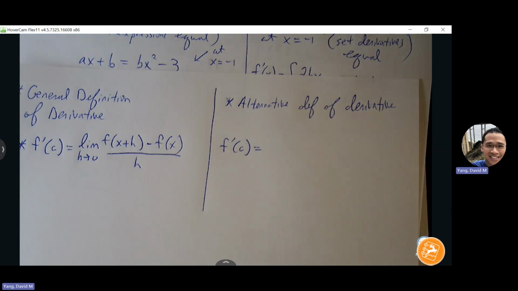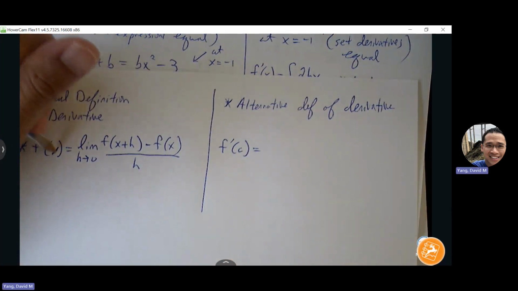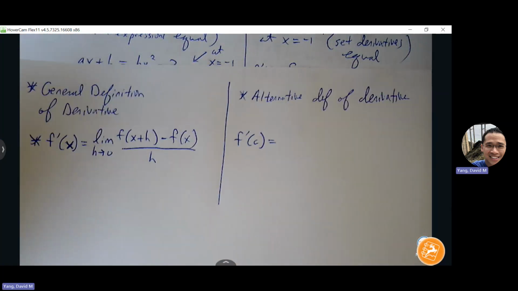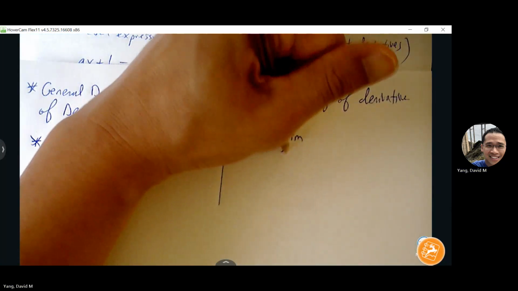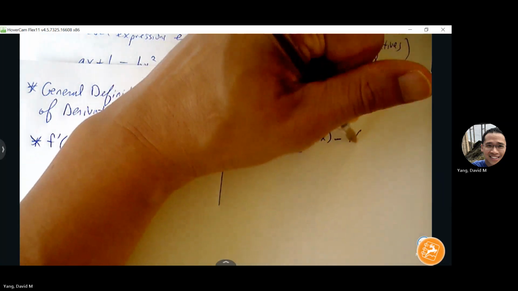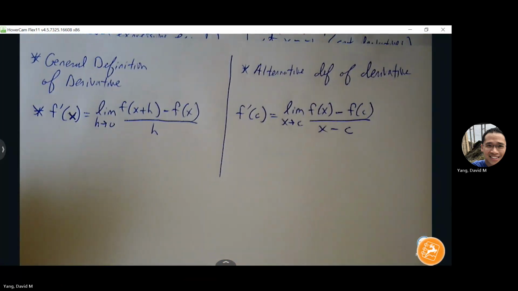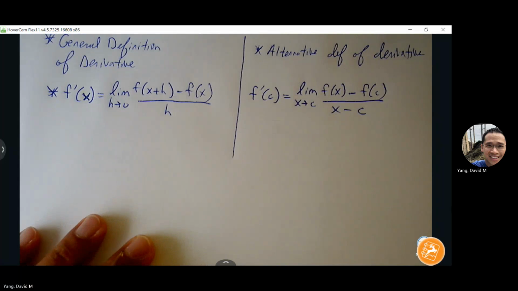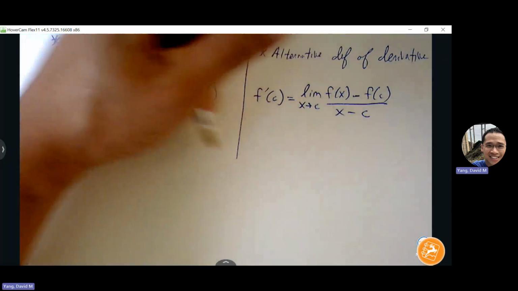So the general definition will take you to a formula, but the alternate definition will take you to a numeric slope. So why don't we do an example here?